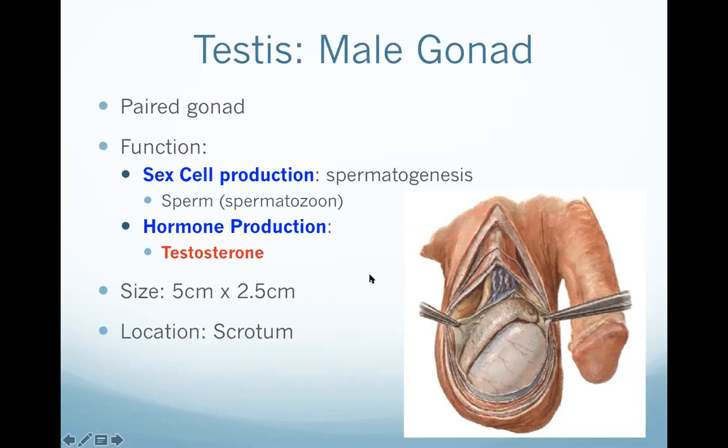And again, sex cell production, the fancy name of that is called spermatogenesis. The sperm are called spermatozoa or spermatids, and they will be produced at an insanely fast rate within the reproductive male. We look at a rate of 30 to 500 million sperm that can be produced in a day.